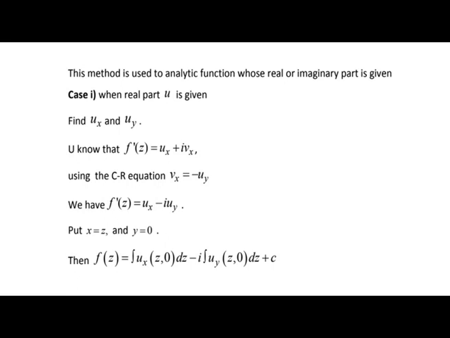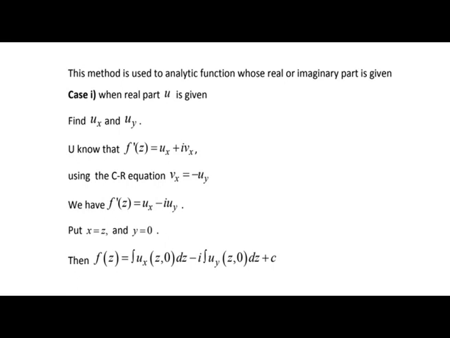Your x becomes z and y is equal to 0, because you know that x is (z plus z bar) by 2 and y is (z minus z bar) by 2i. So, when I substitute z equal to z bar, my x becomes z and y becomes 0. You can do this only because your f of z is analytic.